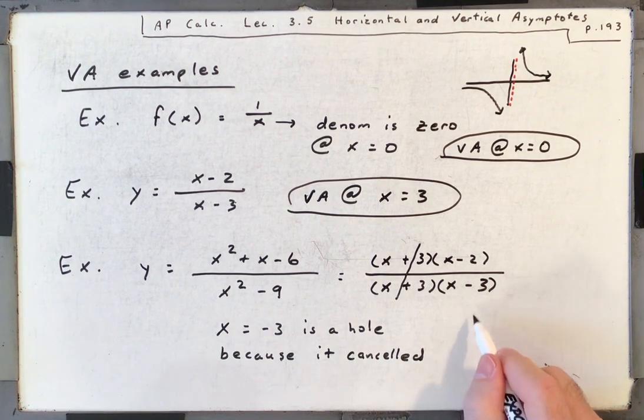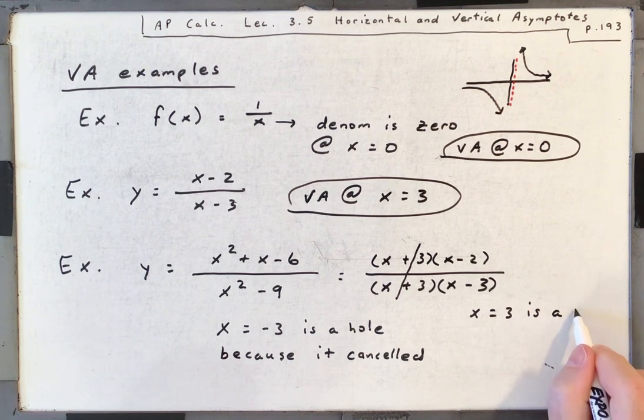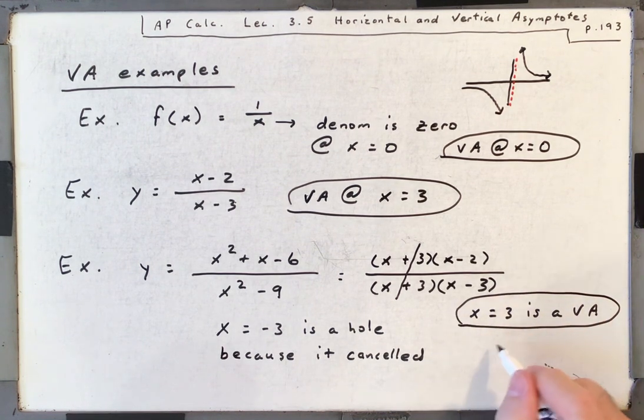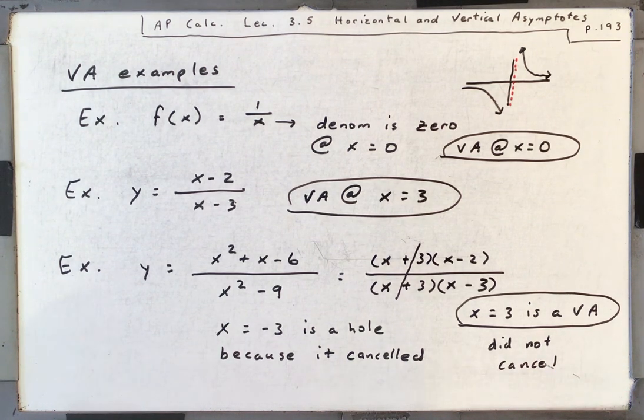However, x equals 3 is a vertical asymptote because it did not cancel. All right, hopefully you remembered that from our chapter 2 lectures.